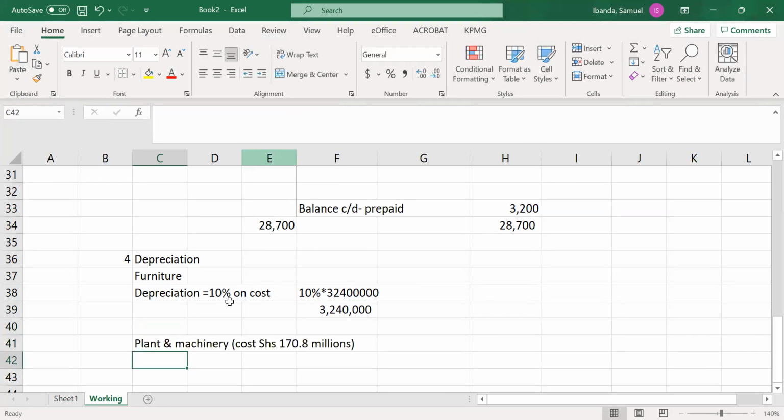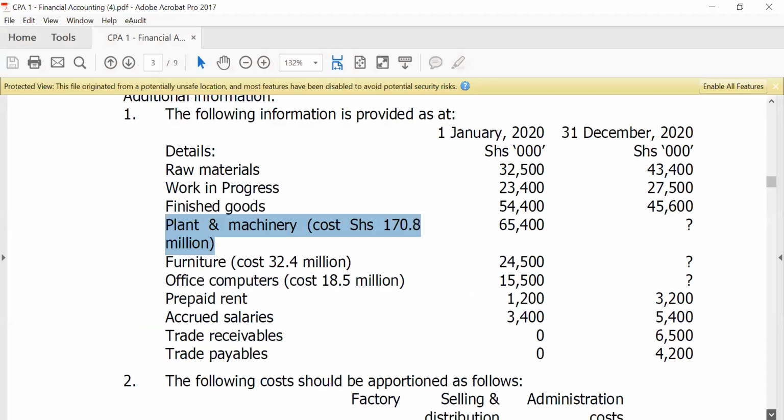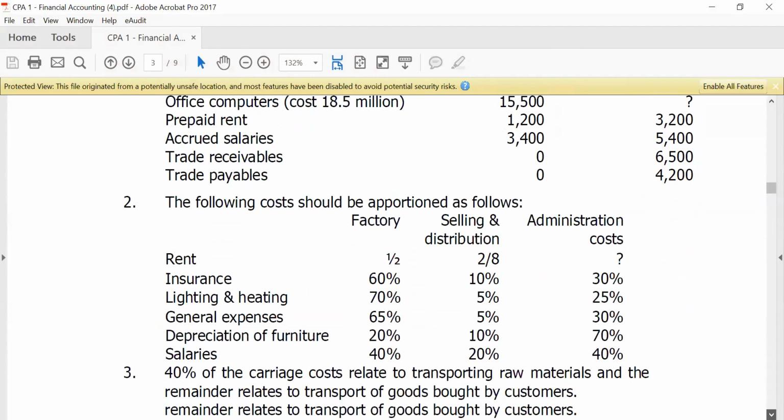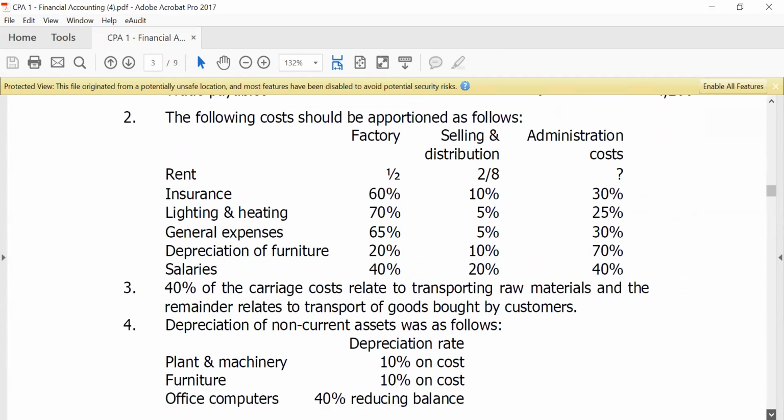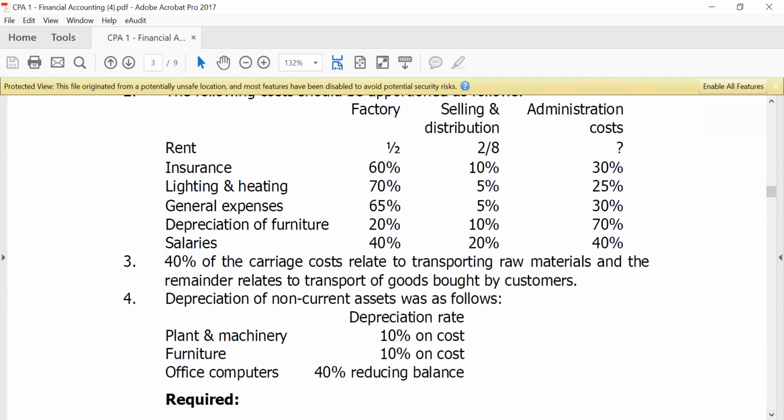These are millions. So we have our depreciation. Now this depreciation, I'm going to look for the depreciation rate. The depreciation rate is also 10% on cost, okay?